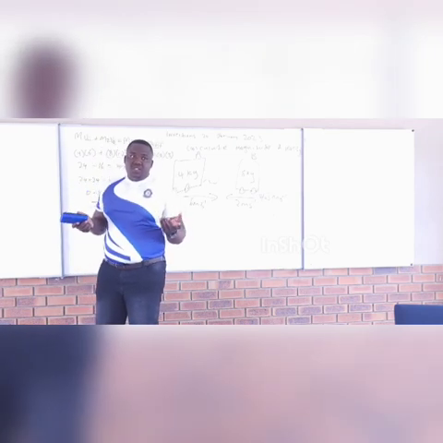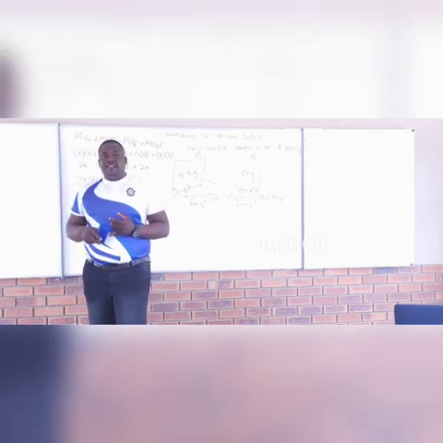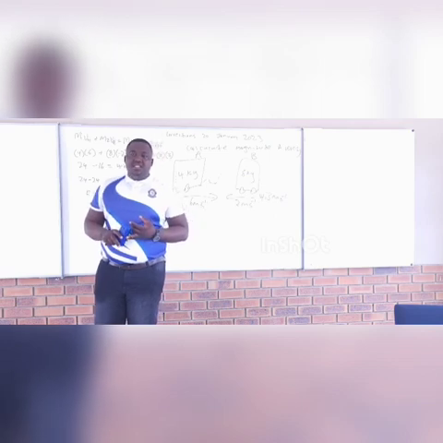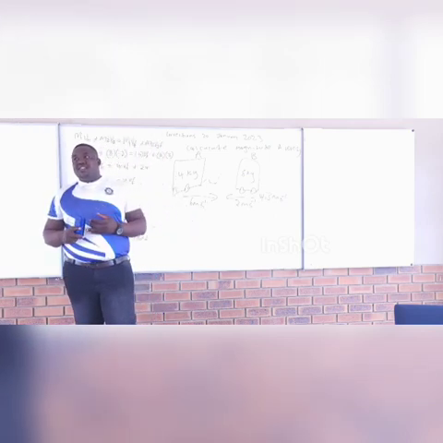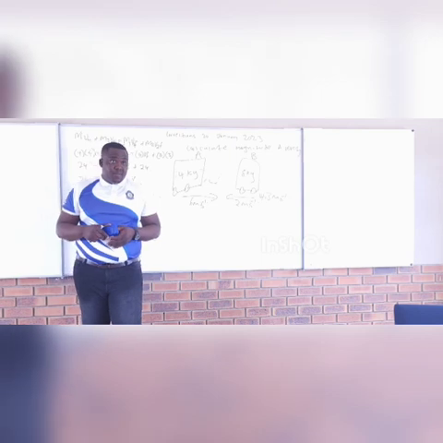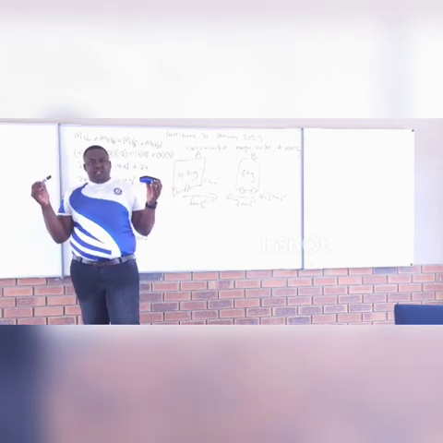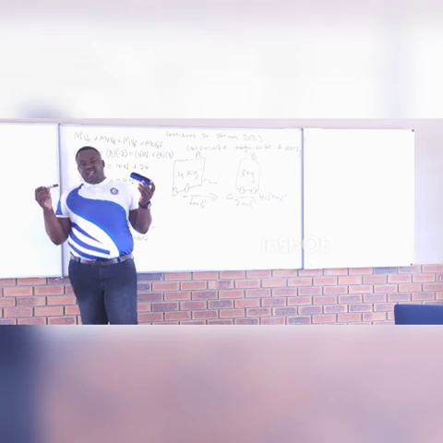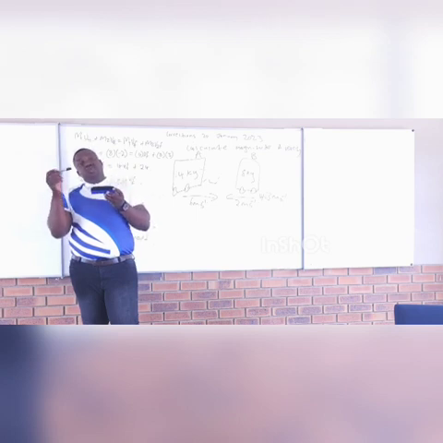We can choose. Negative means left, positive means right, or vice versa. You can say positive means left and negative means right. We can choose, right? If we have two objects going in opposite directions, we need to make one object negative and the other positive. You understand?